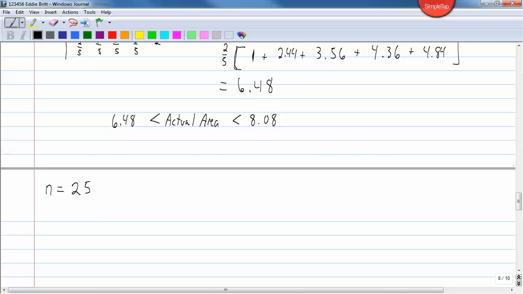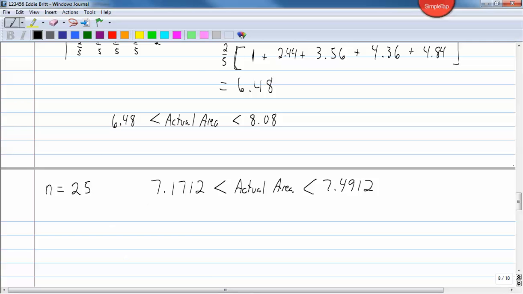And if you do that, you get the lower sum to be 7.1712, and you get the upper sum to be 7.4912. So you see, it's not even super close by using n equals 25.